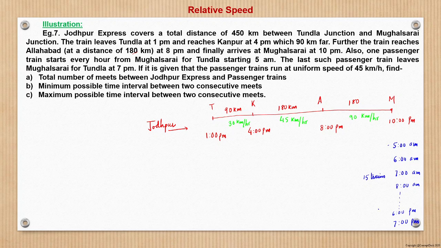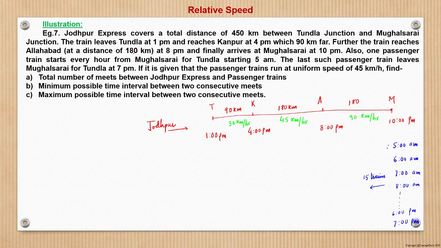15 passenger trains start from Mughal Sarai in a day, at different times, moving towards Tundla Junction. So now see, the number of meets will certainly be either equal to 15 or less than 15. We will have to check whether all the trains meet Jodhpur Express on the way or not.